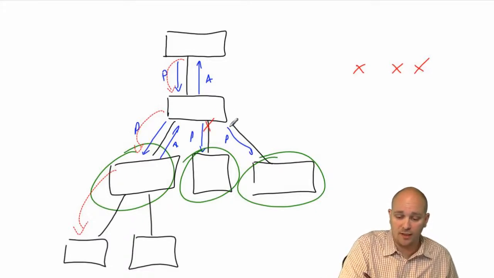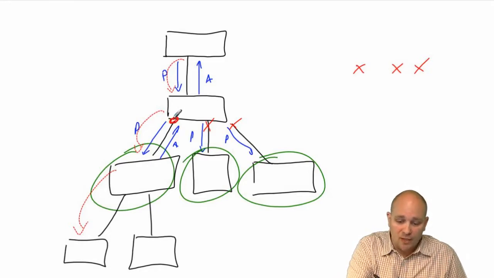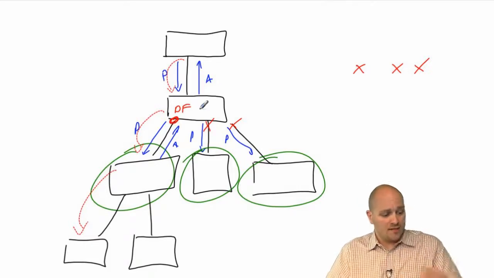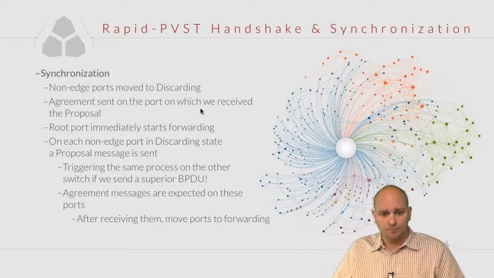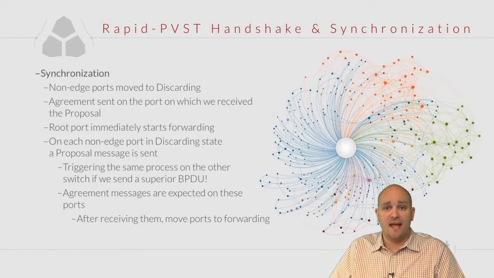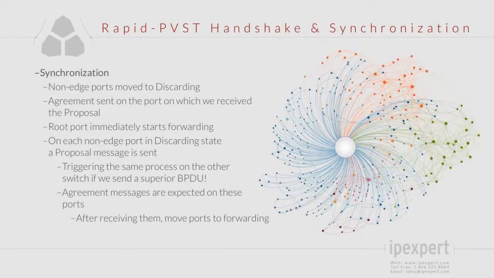This one is blocking or discarding, and this one is discarding. But this port here has transitioned to become a designated port in a forwarding state. Once that has happened, we have moved our port into the forwarding state and the synchronization on this switch has been completed. Let's now see all this in action.